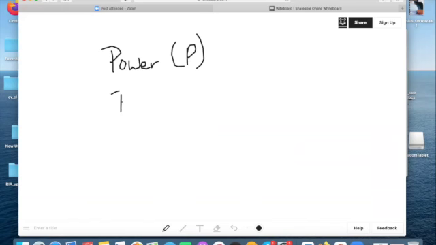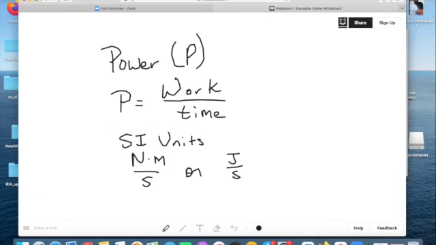So power is equal to work divided by time. All right, that's supposed to be 2 humps, not 3. Time. You will get credit for those.